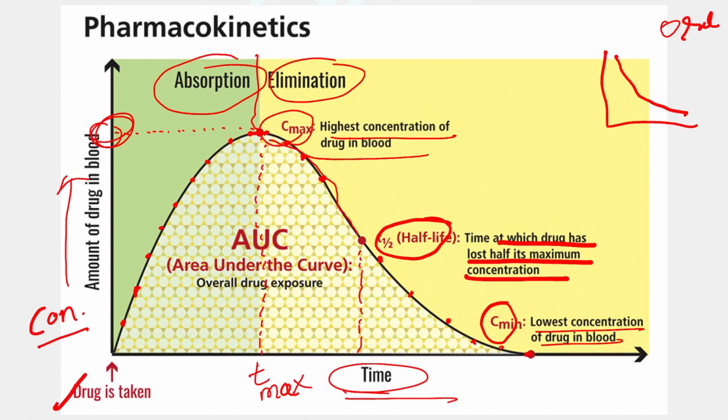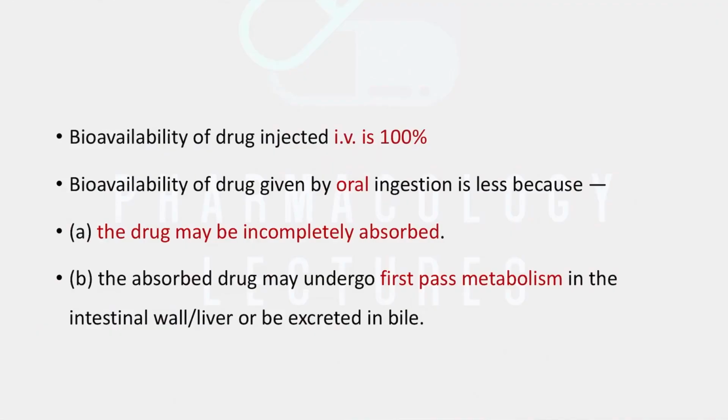This is called T half. So half of the maximum concentration reached at whichever point is called T half. So hopefully things are clear now.